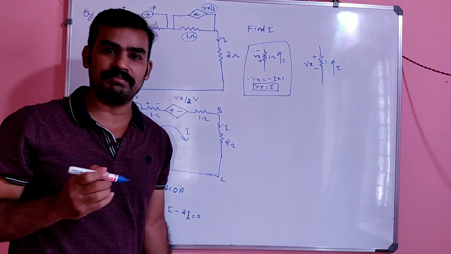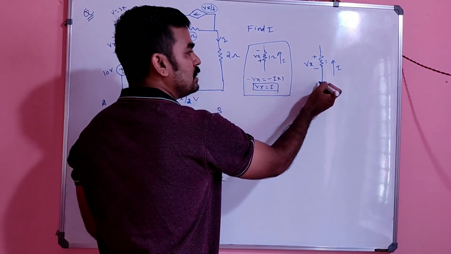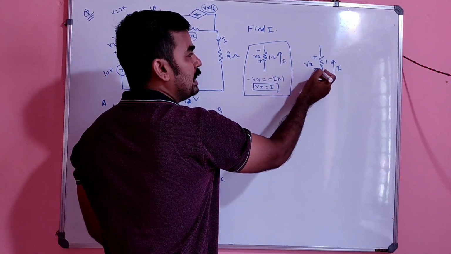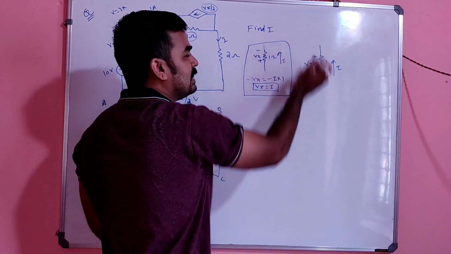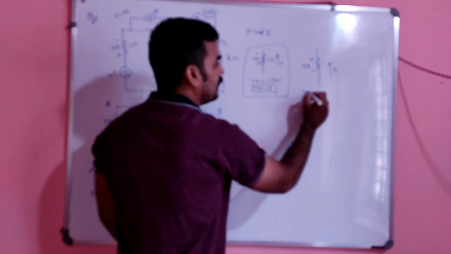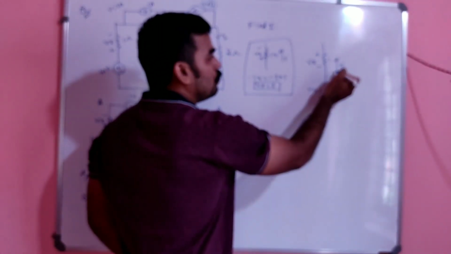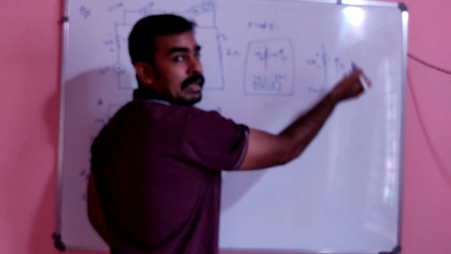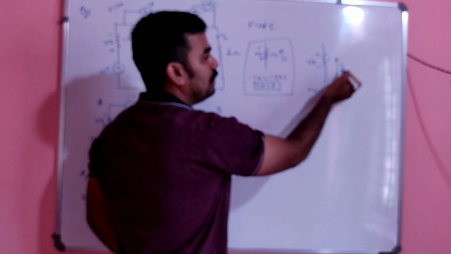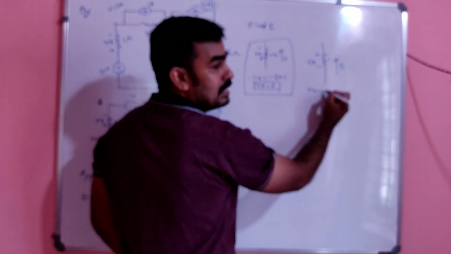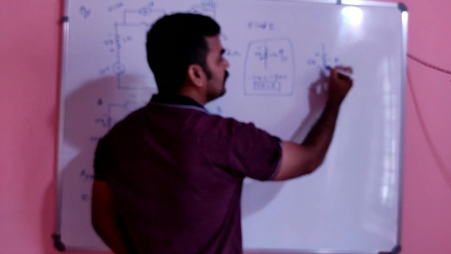So when you go from here to here, there is an increase in potential. So I can write it as Vx equal to, whenever I move according to the current direction, what do I get?